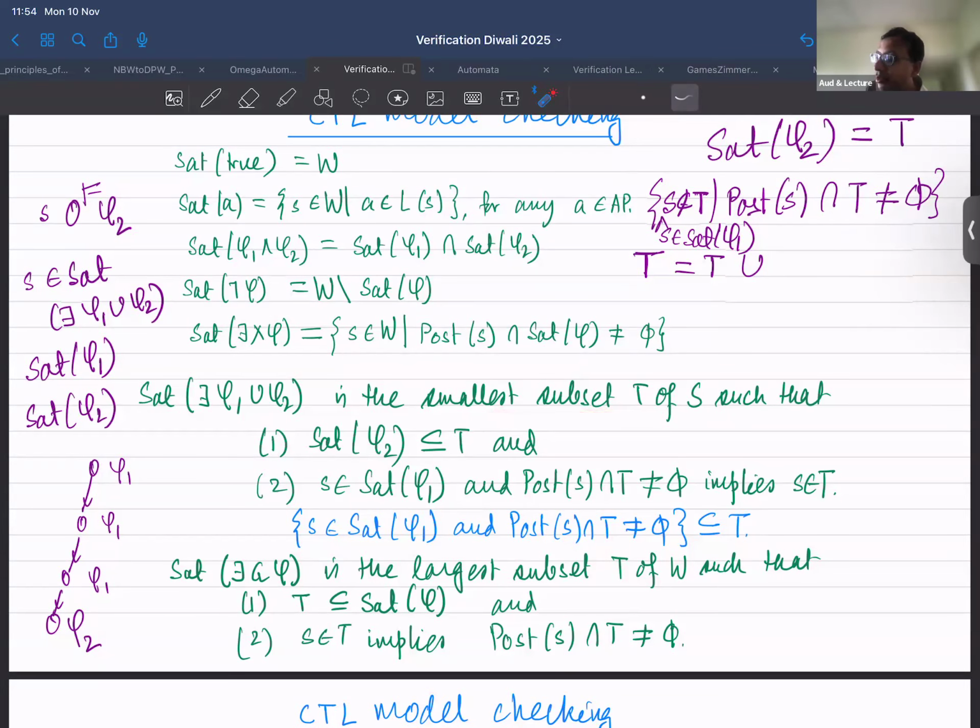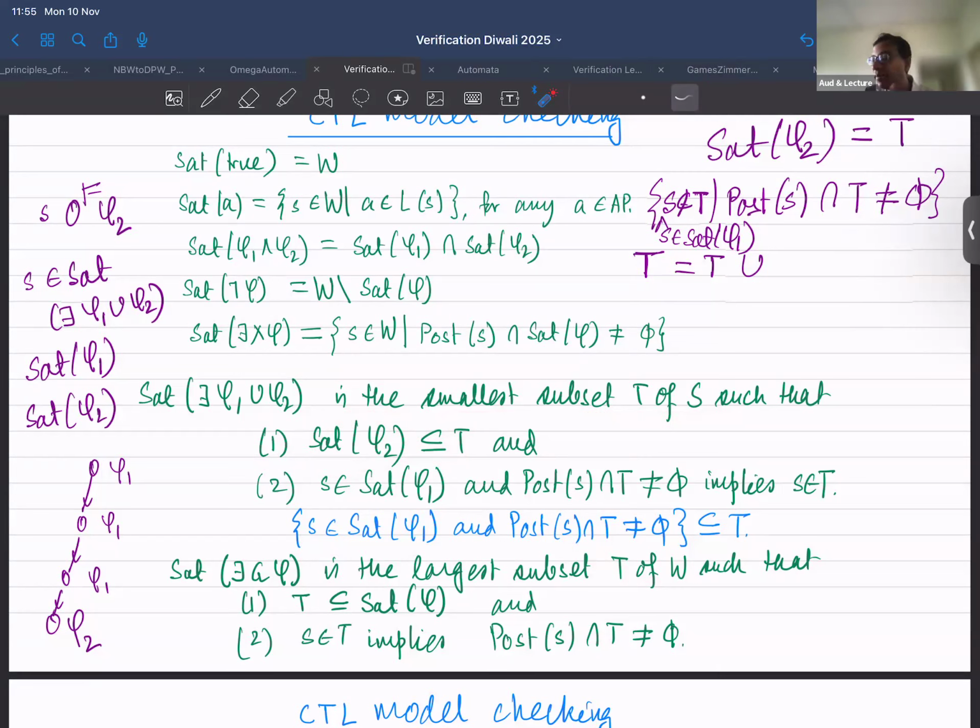Okay. And so essentially it's the smallest subset T. Suppose sat of phi 2 is a subset of T, of course. We are going to increase the set T, right? And so it's the smallest such subset T. So you start with just sat of phi 2, and you keep increasing the set. Okay. And you have the smallest such subset.